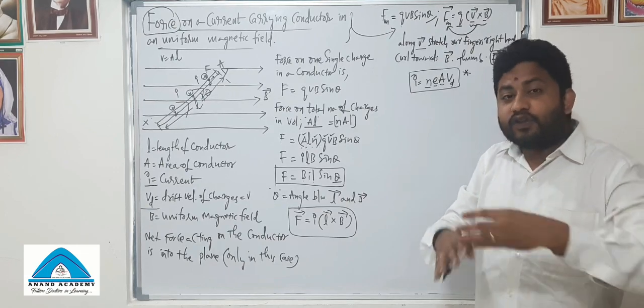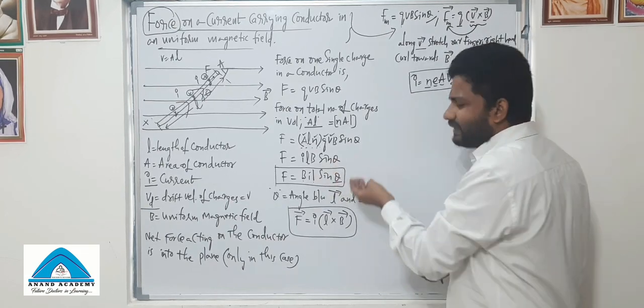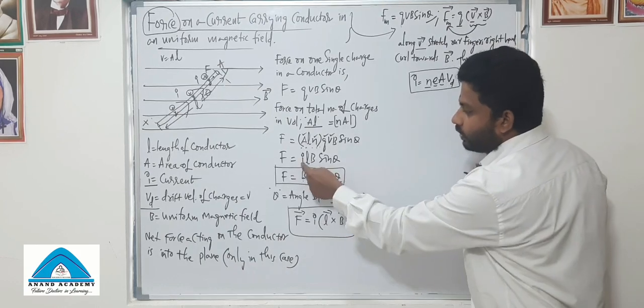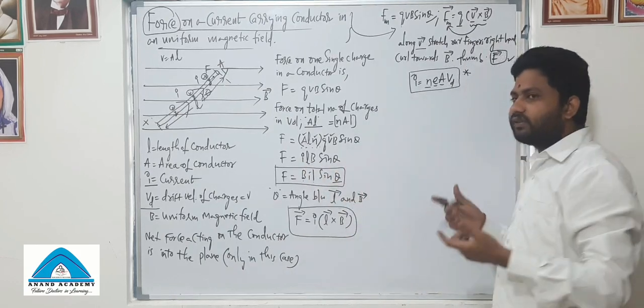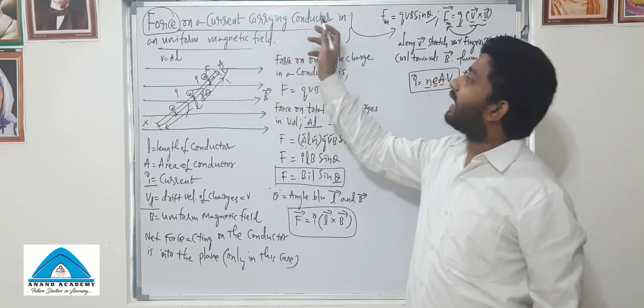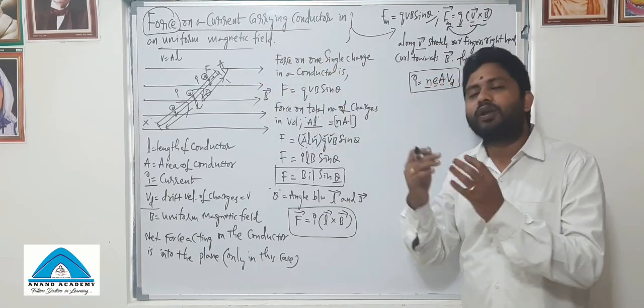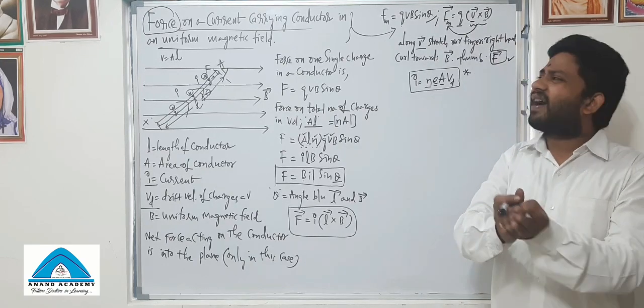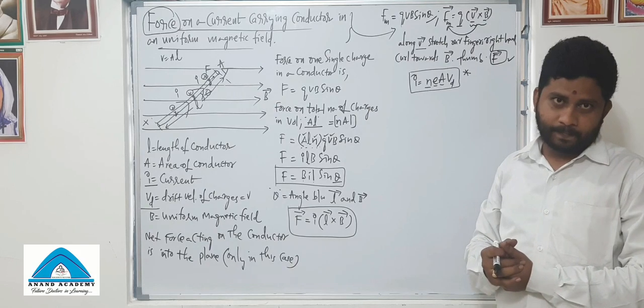Okay, clear? If you just expand it, you will get BIL sine theta only. So I into LB sine theta. So this is the expression for the force on a current carrying conductor placed in a uniform magnetic field. Now let's see some more interesting facts about this.